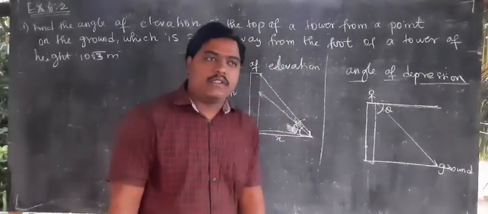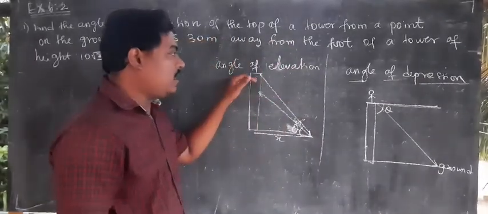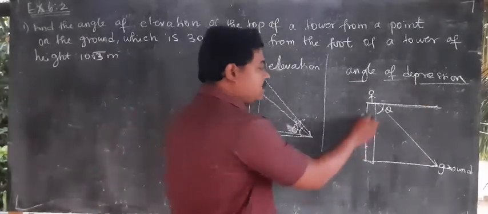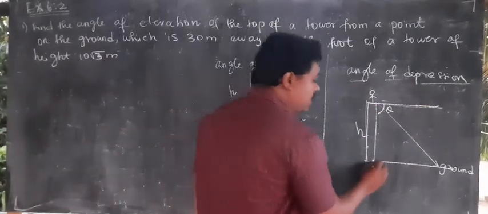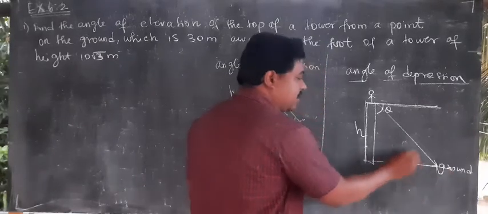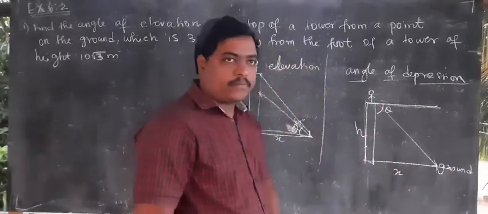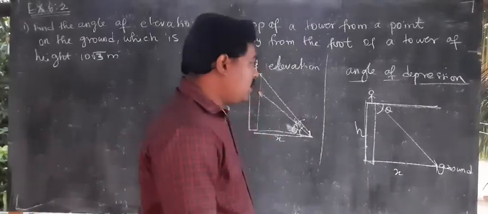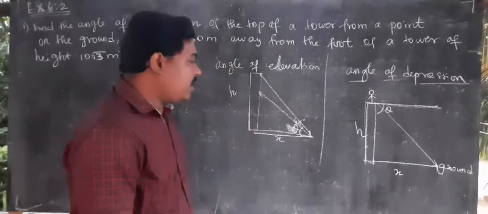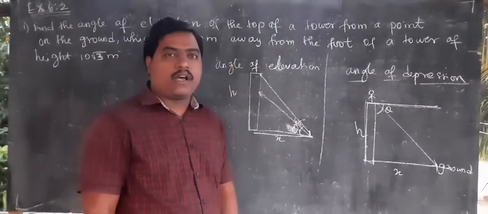So two topics we are seeing, one is angle of elevation, one is angle of depression. Here also the building height is there, the distance between where you are watching and the building, and the theta. So like this we need to find. One thing we need to do: which one is the adjacent side, which one is the opposite side.